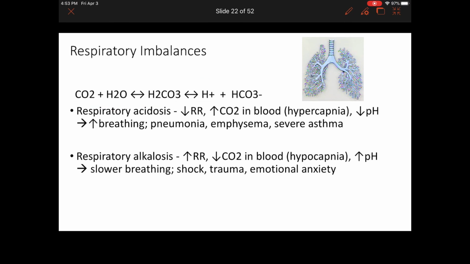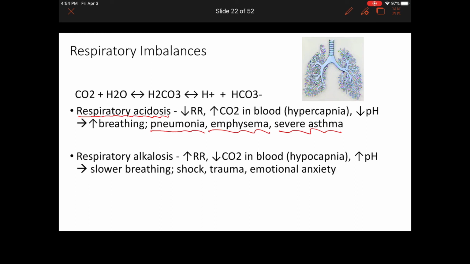Certain respiratory diseases, particularly those that are of an obstructive nature, for example, pneumonia, emphysema, asthma, bronchitis, they can all produce a change in pH, which we refer to as respiratory acidosis.